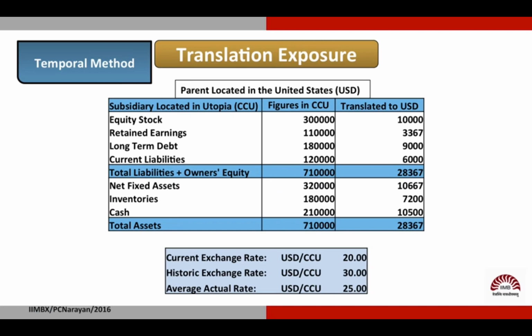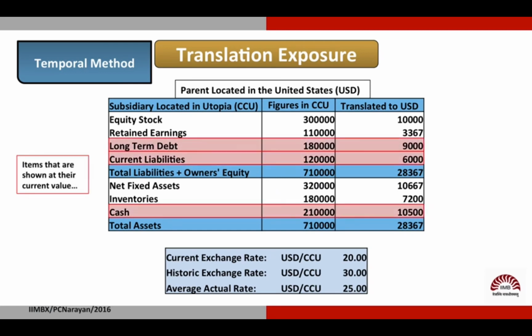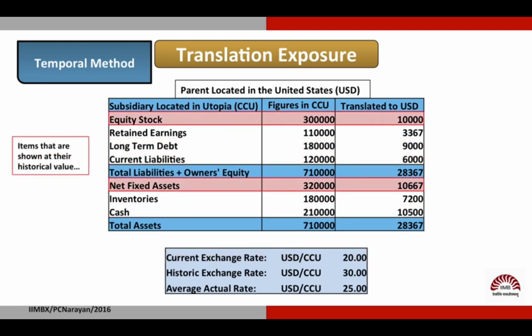The third method is the temporal method. This is a very popular translation method adopted by several MNCs. In this method, specific assets are translated at exchange rates that are in line with the point in time when that asset was created. That is, items in the balance sheet that are shown at their current value are translated at the spot exchange rate, and items that are carried at historical cost are translated at historical exchange rates.